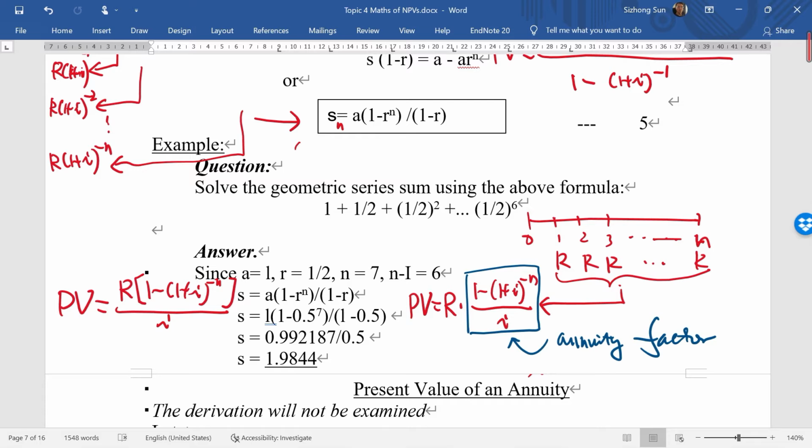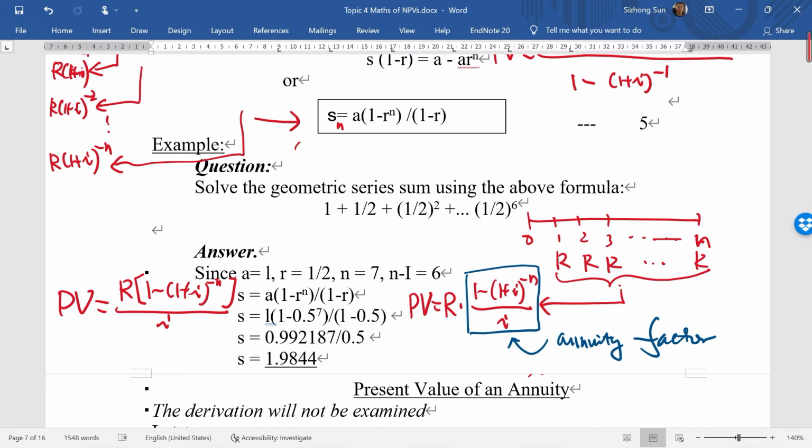This factor depends on two things. First, it depends on the interest rate or discount rate. And second, it depends on the number of years n. Now, everything else equal, higher n means higher present value, because you have more periods of payments.